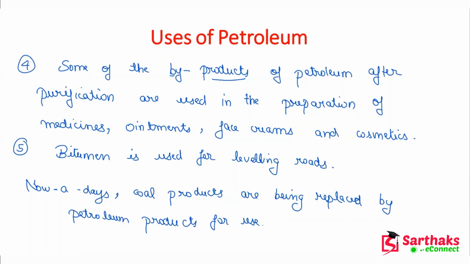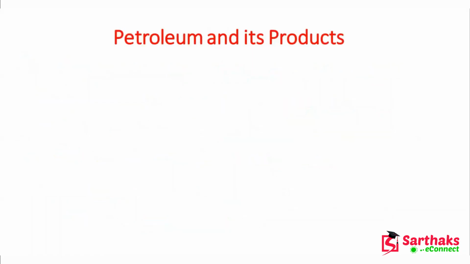Now the next topic that we are going to discuss is petroleum and its products. We have discussed that there are various products. The very first product we obtain is lubricant.